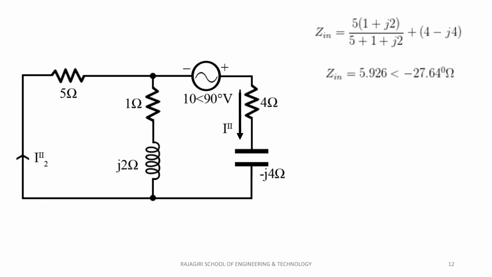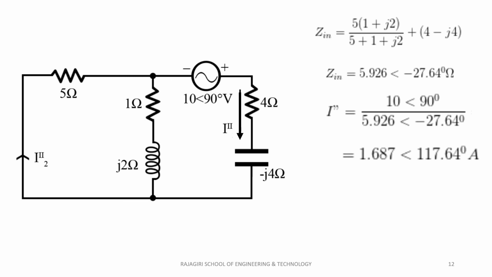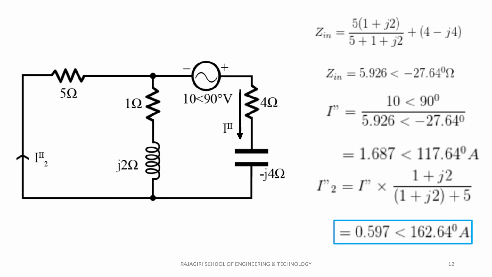The input current I double prime is then computed as Vin by Zin. Following that, we determine the current in the leftmost branch, again using current division rule. Here again, I2 double prime is equal to 0.597 angle 162.64 degree amperes. Therefore, reciprocity theorem has been proven for the given AC circuit.